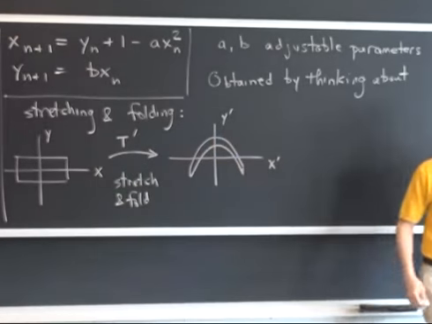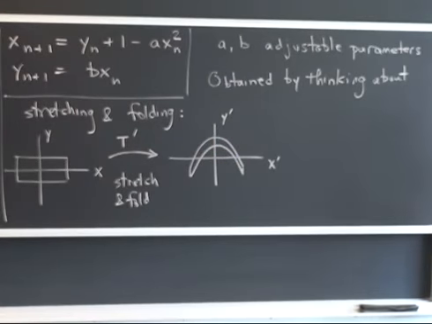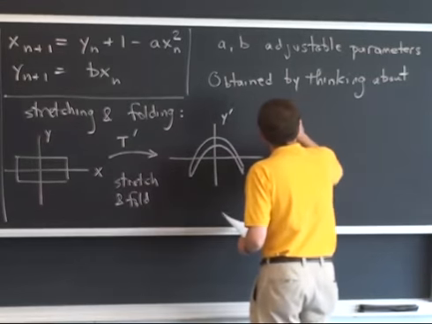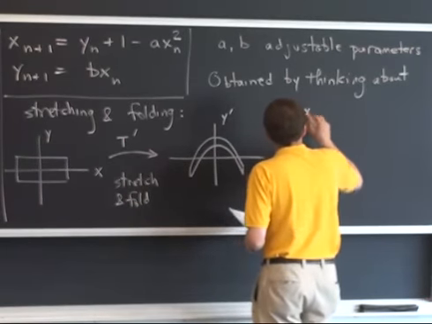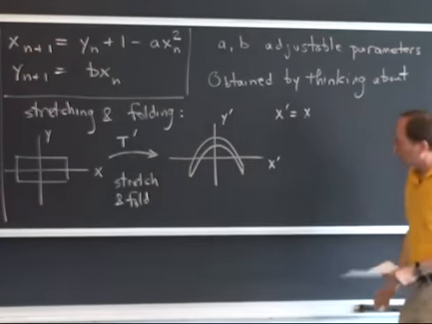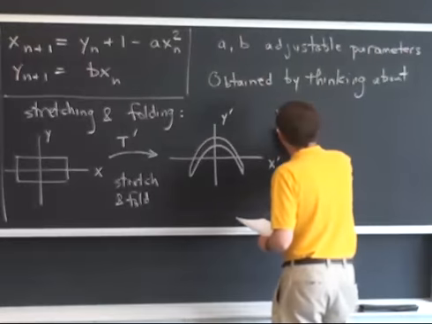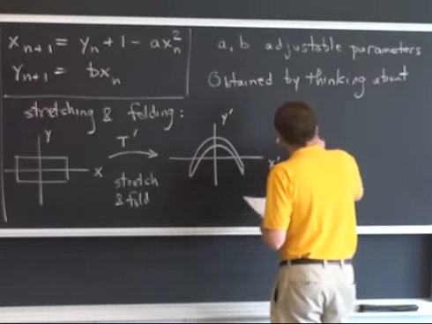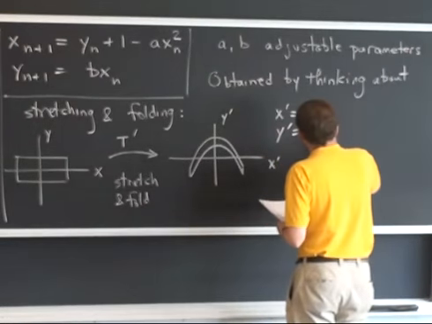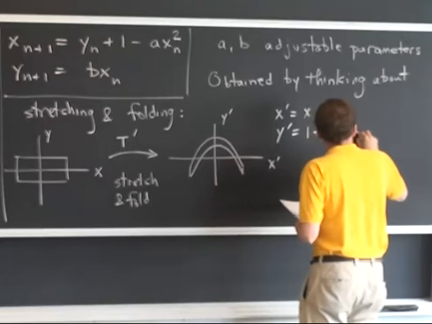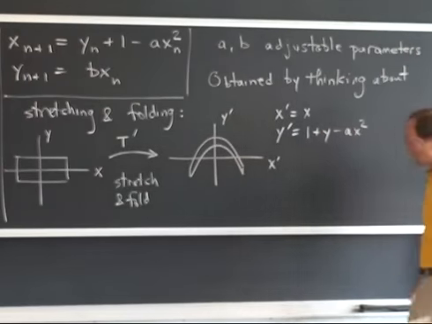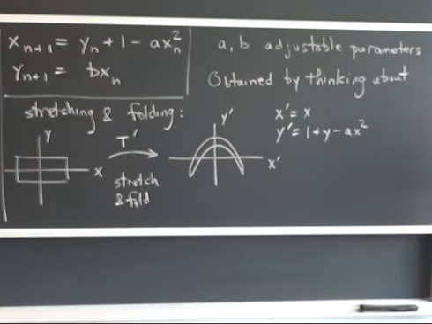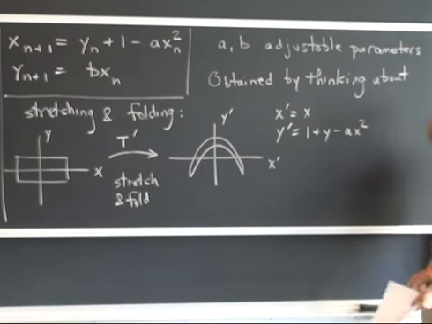So you have taken the rectangle, stretched it, and bent it. That's its image. And the equations for it in this first step are x prime is equal to x. So you don't do anything in the x direction. But in the y direction, the new y is 1 plus y minus ax squared.